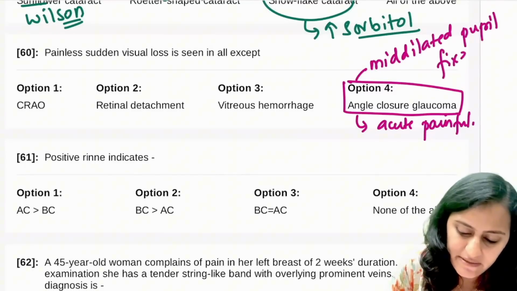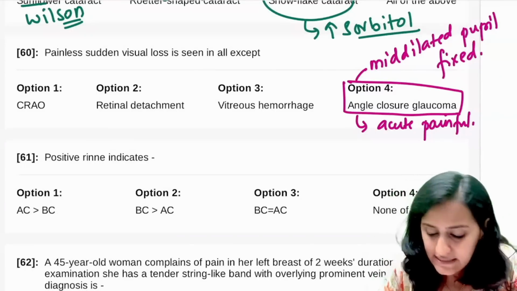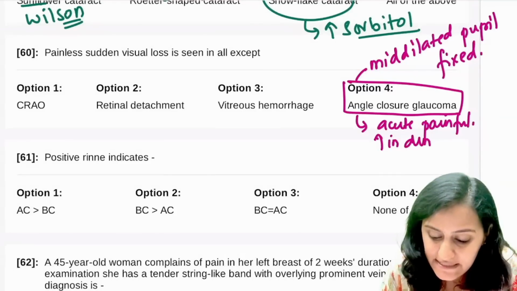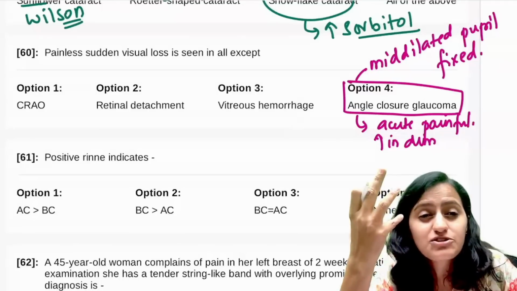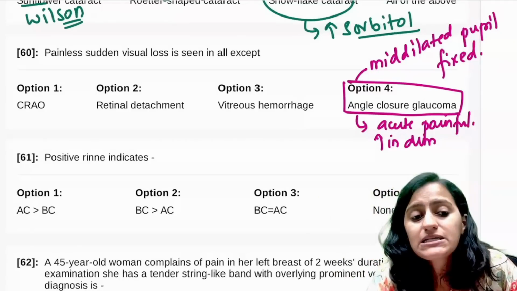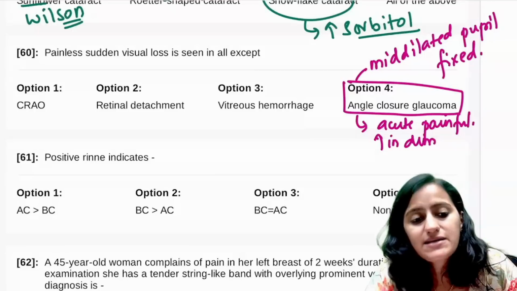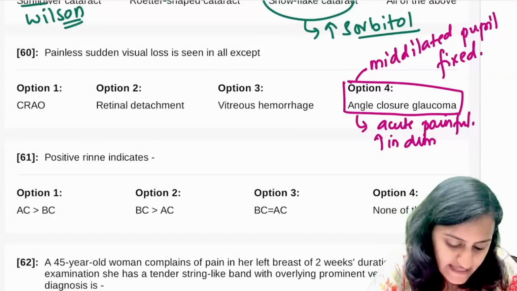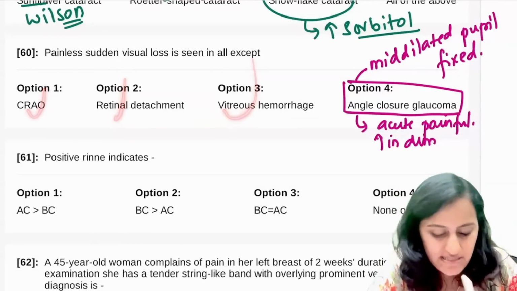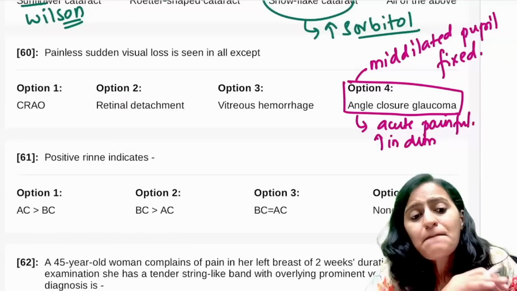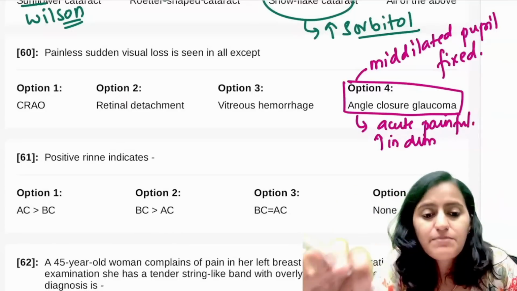It is precipitated in dim light because when there is pupil dilatation, it gets precipitated, right? So remember, this is a painful condition. The rest, CRAO, retinal detachment, vitreous hemorrhage, can come as painless, but this is painful.